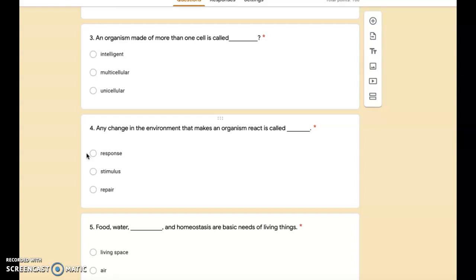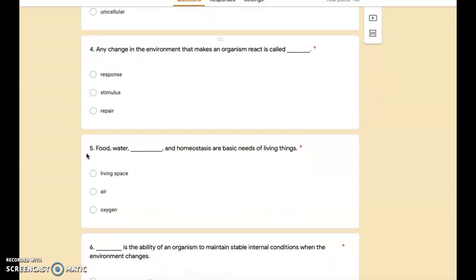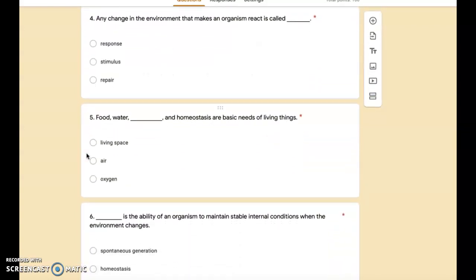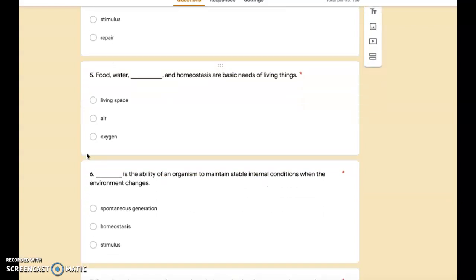An organism made of more than one cell is called intelligent, multicellular, or unicellular. Number 4. Any change in the environment that makes an organism react is called response, stimulus, or repair.